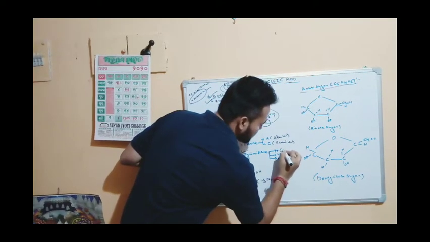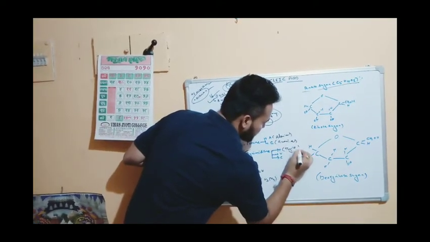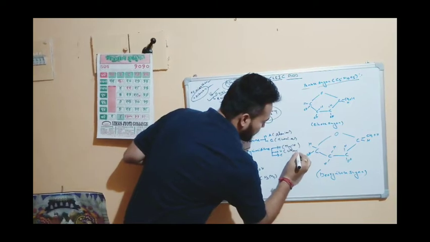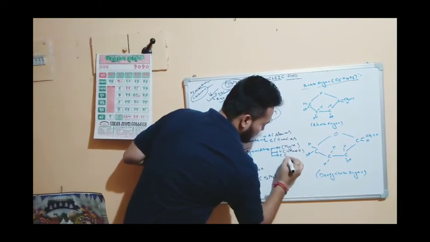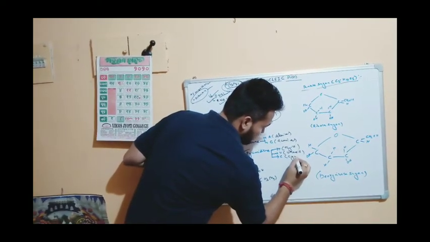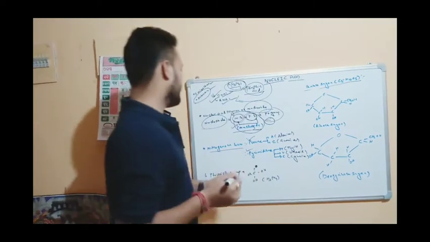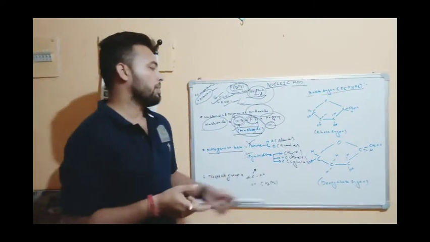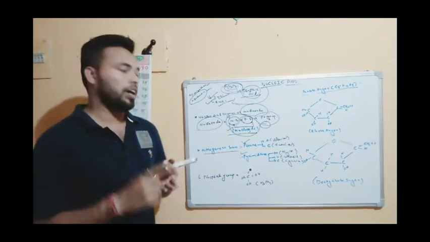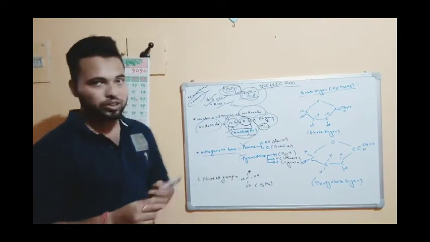In the pyrimidine bases, the first one is thymine, the next one is uracil, and the last one is cytosine. There are mainly five types of nitrogenous base: adenine, guanine, thymine, uracil and cytosine.